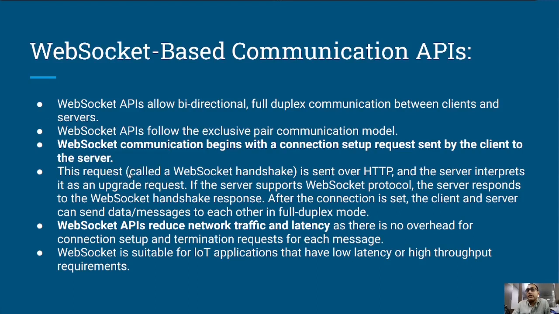This request, sometimes called the WebSocket handshake, is sent over HTTP and the server interprets it as an upgrade request. If the server supports the WebSocket protocol, the server responds with the WebSocket handshake response, and after the connection is set, the client and the server can exchange data in full duplex mode. WebSocket APIs reduce network traffic and latency. That is their advantage, because there is no overhead of connection setup in every data communication that goes on.